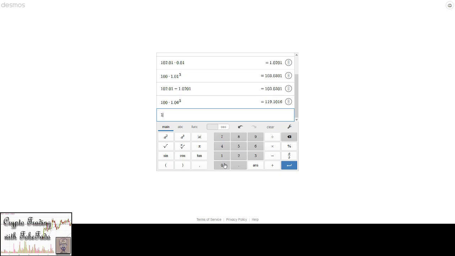And of course, you could change the start value by adding another 0, and you'd have 1,000 times 1.06 to the 3rd power, and you can see your profit would have been almost $200. So that of course increases if you increase your starting value, or the percentage, or the number of times you do this operation, in this case 3 years.